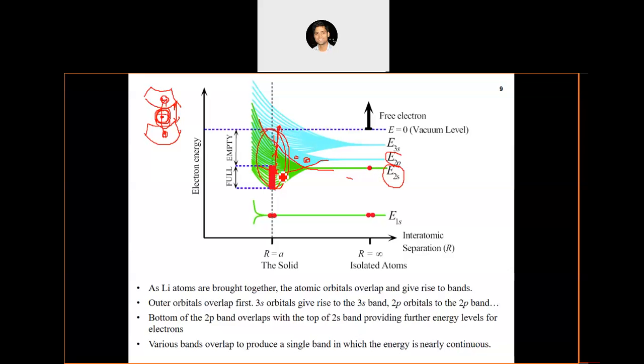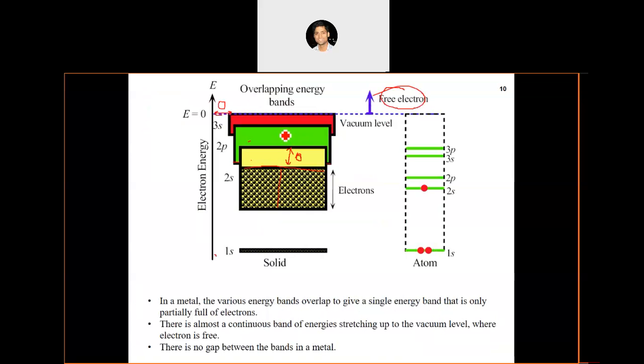It can easily go from one state to another because energy-wise they are very close to each other, and in a gradual manner it can go even up to the vacuum level. This is the typical property of a metal. We will see in the next classes that in semiconductors and other materials this is not the case.